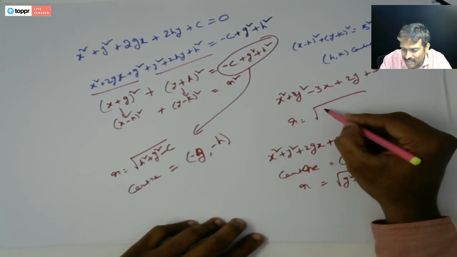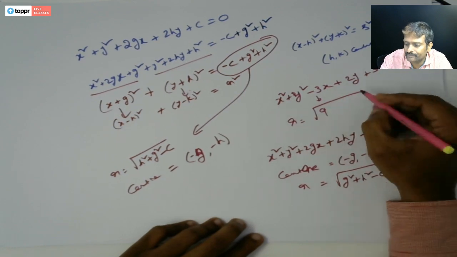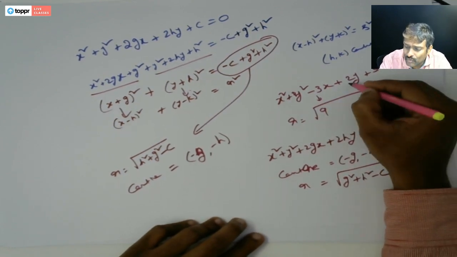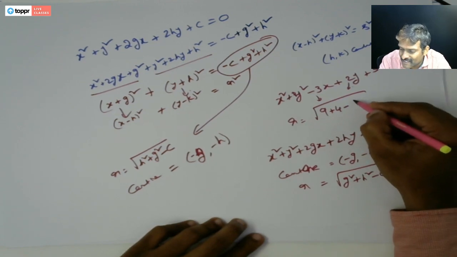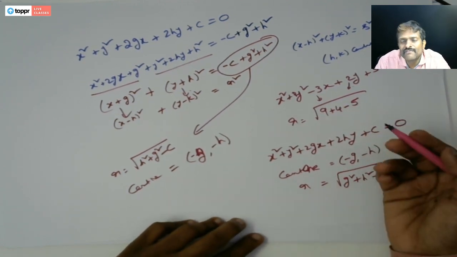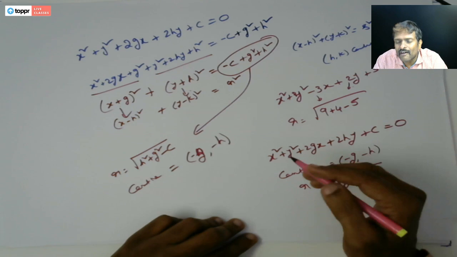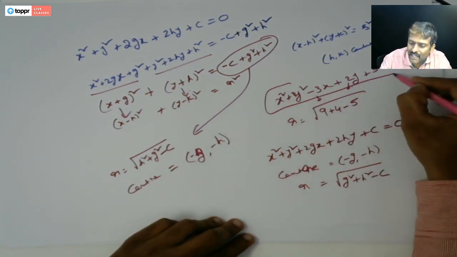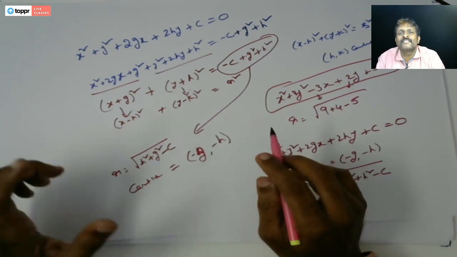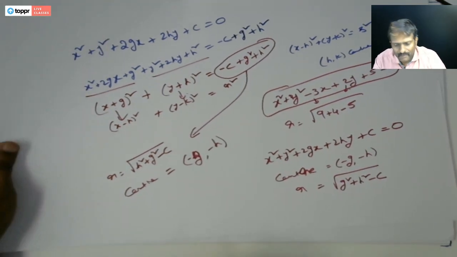Minus 3. So minus 3 square is 9, and h square, which is 2 square, which is 4, and then you have to subtract c, which is 5. This will give you the value of the radius of a circle from this type of equation, which is not in the standard form. Right.